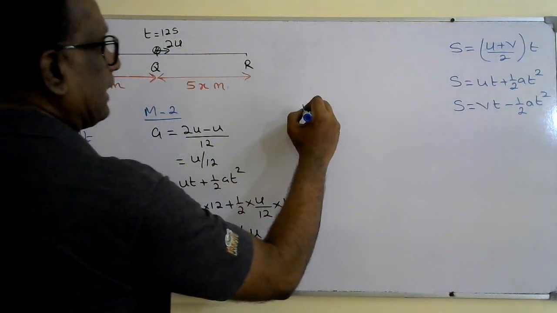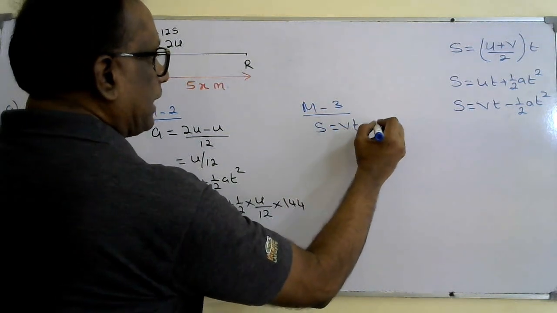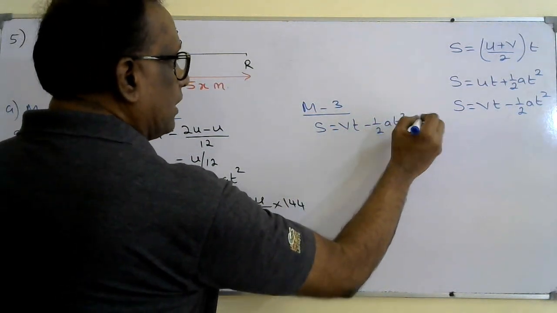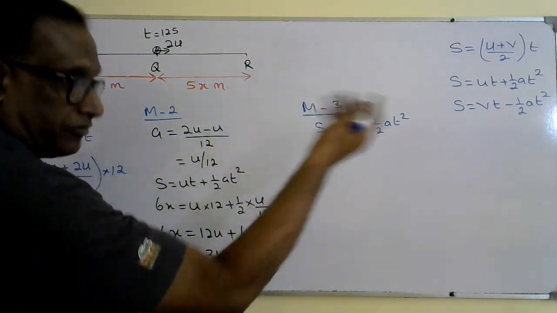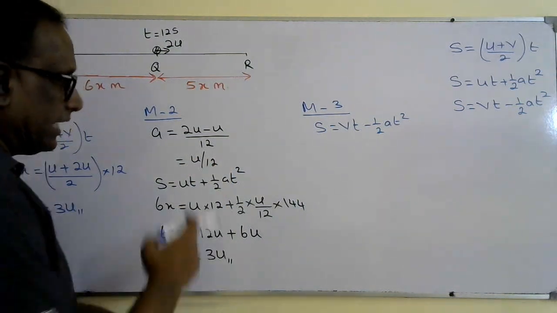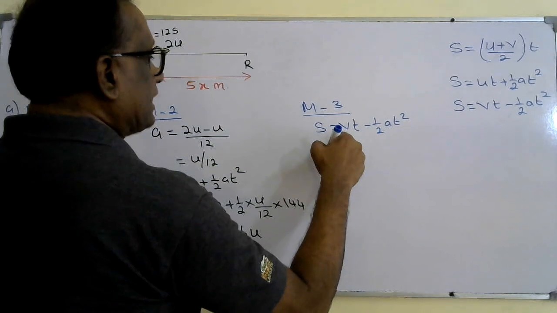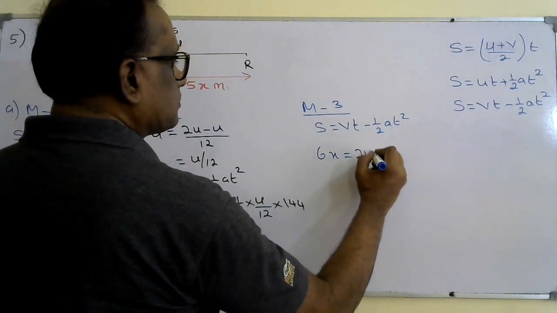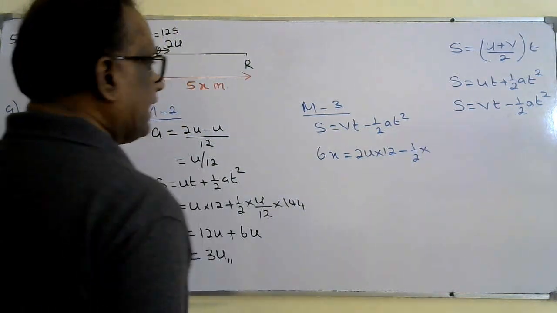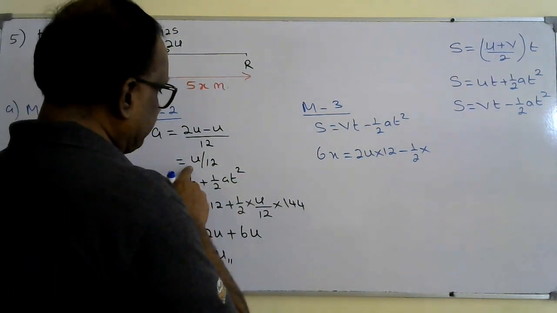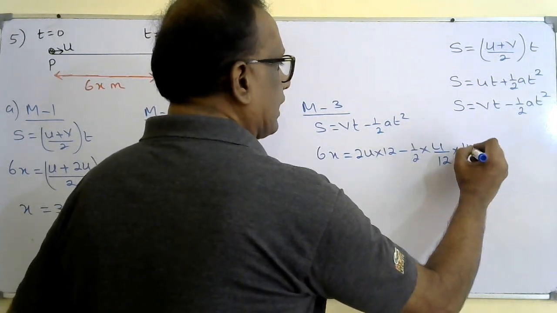So method 3, M3, s equals vt minus half at squared. I already found a here and I used that same a, but if you are using this method, you have to find a from the beginning. S is 6x, the final speed is 2u, time is 12, minus half into a, which is u by 12, into t squared, 144.